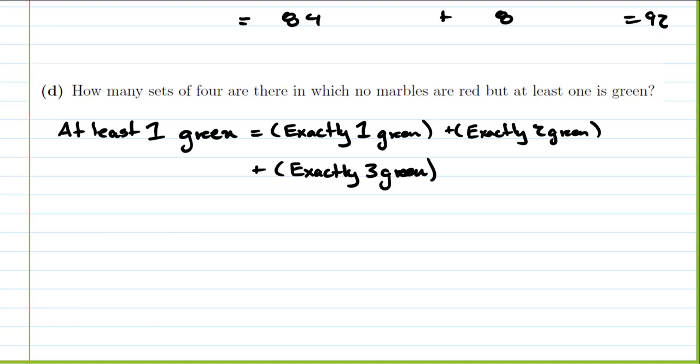Right? So the at least says we need exactly 1, exactly 2, or exactly 3.